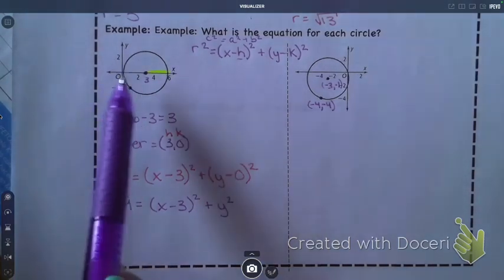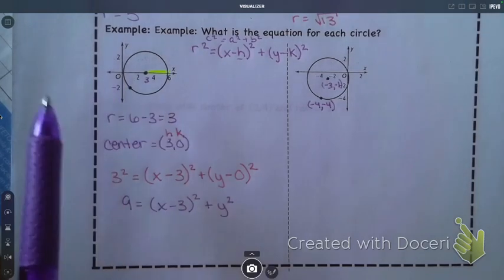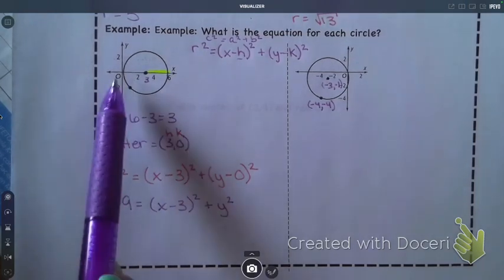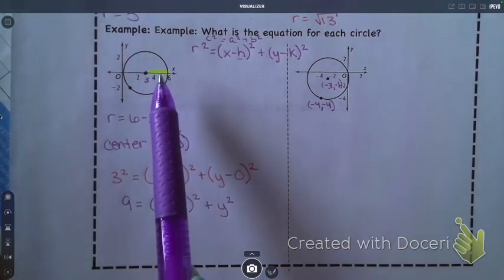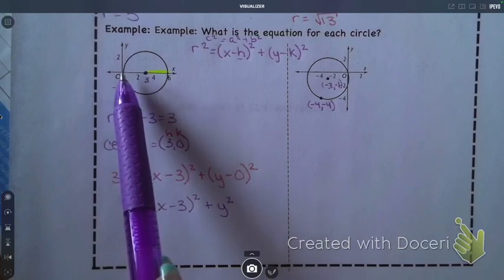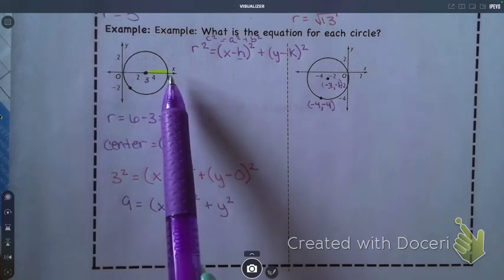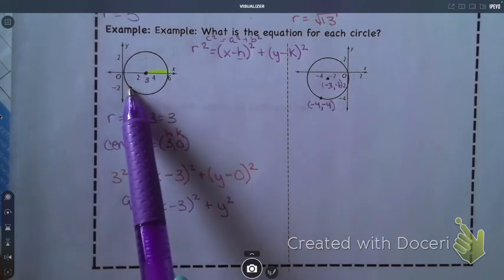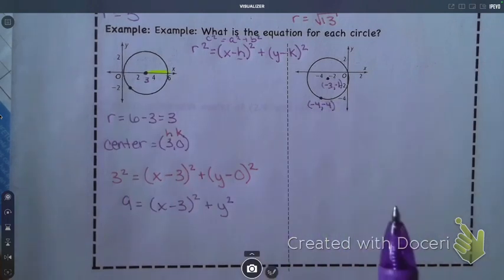But when I look at this picture, is it really touching 0, 0? No, it's not. So we should have done what we're going to do right now. I made an assumption and I shouldn't have. Since this isn't touching 0, 0, could I really say that this is 3? No. Actually, we should have used 1, -2 and found the distance. And we didn't do it. So we're going to do it on this one.